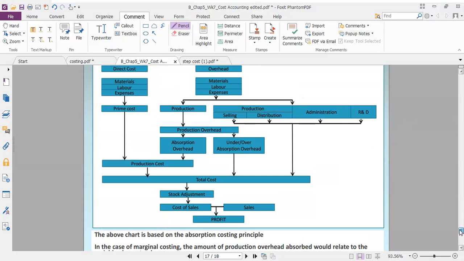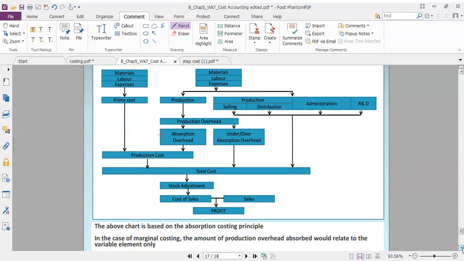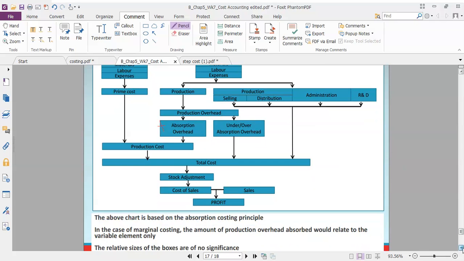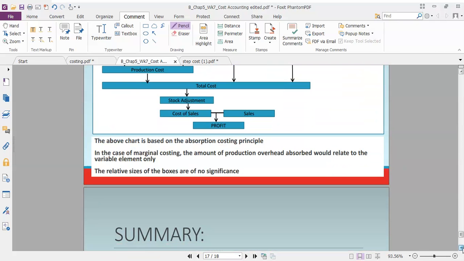Lepas tu dia akan ada absorption overhead. Yang under over ni kita tak akan cover. Kita just cover theory parts of the cost accounting saja. Calculation pun kita tak cover untuk costing. So yang akan masuk final exam hanyalah theory parts of cost accounting.